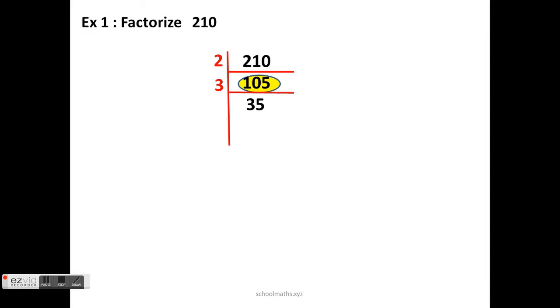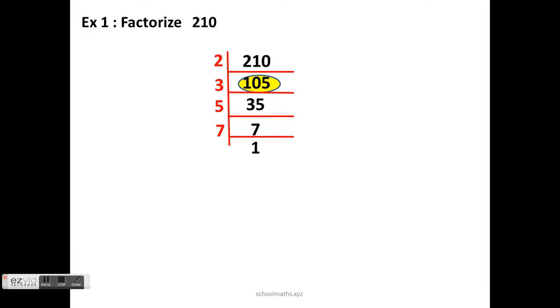Now 35 is not divisible by 2, not by 3. 35 is divisible by 5, giving 7. 7 is divisible by 7 only. So at last you should get 1.